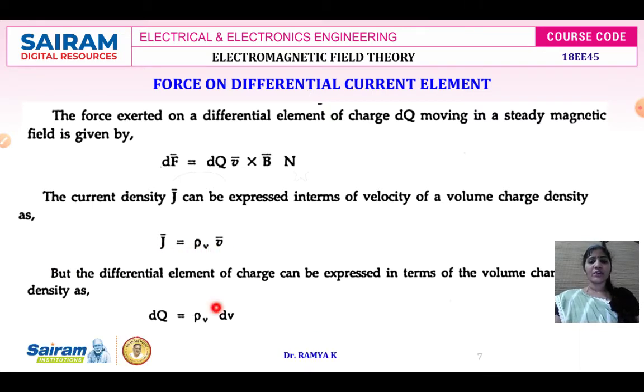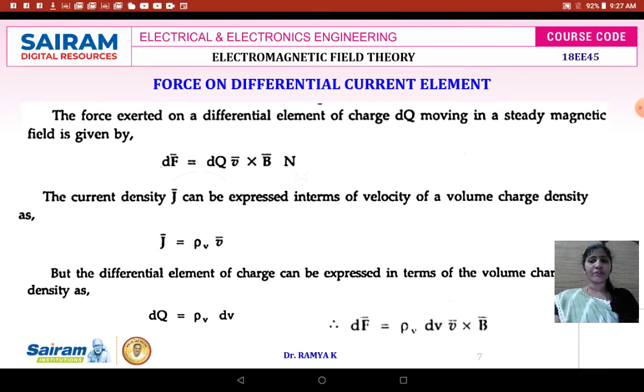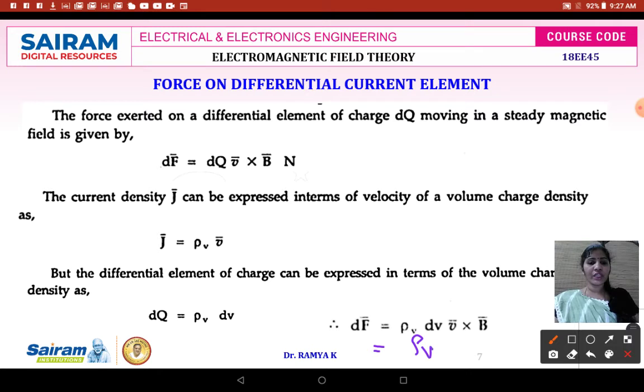Now, we know that the differential elemental charge can be expressed in terms of volume charge density: dq is equal to rho v into dv. Therefore, dF is equal to, in the place of dq, you can write rho v into dv and the velocity vector v cross product with B. If you rearrange the above equation, you can write it as rho v into v, that is your velocity, dv cross product with B vector.